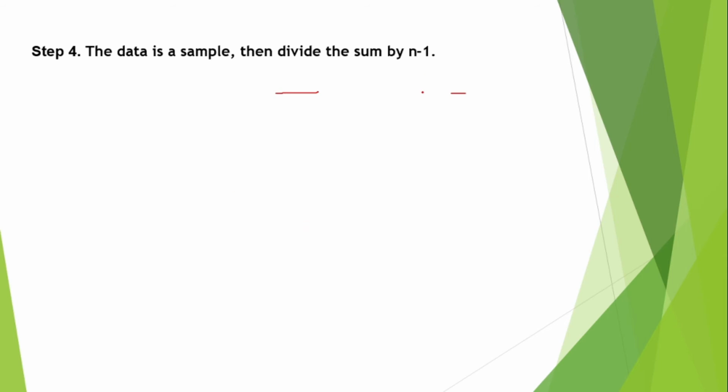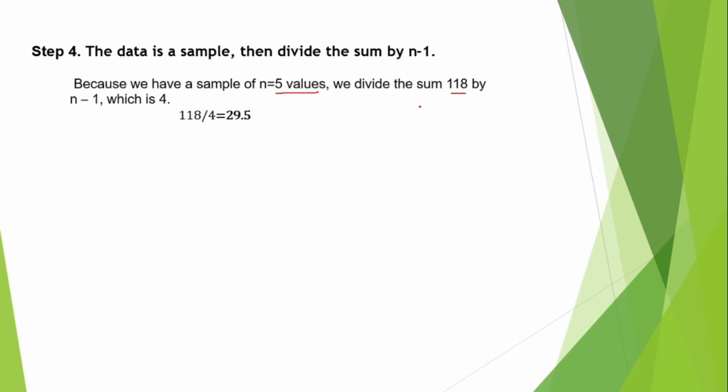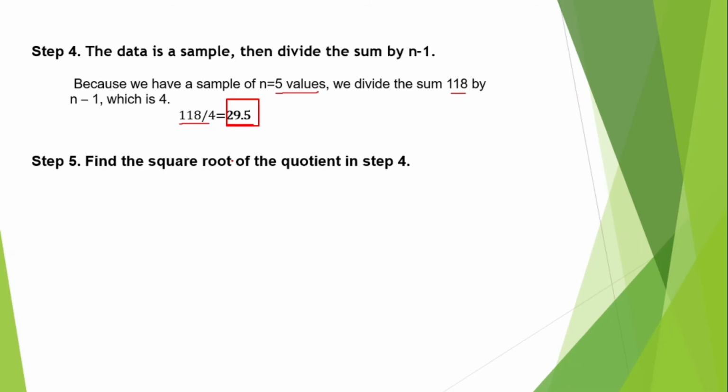Divide the sum by n minus 1. Okay. So, since this is a sample, we have n minus 1. Then, 118 over 4, so we have 29.5. Or 118 divided by 4, we have 29.5. Okay.